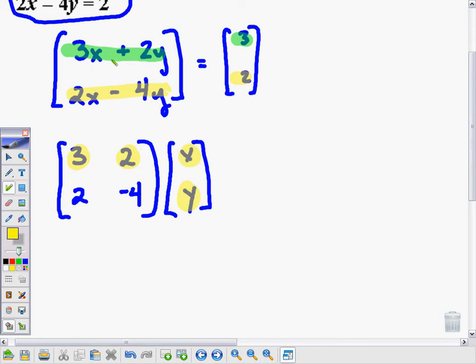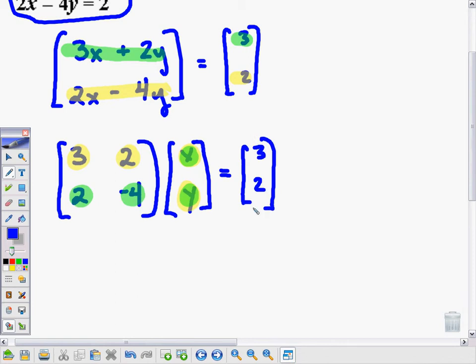I should have used the color green because that corresponds to this first equation. And then I would get 2 times x plus negative 4 times y when I multiply it, which gives me my second expression. So if I remultiply it out, I get back to where I started. And of course, I can't forget about the right-hand side, the 3, 2.